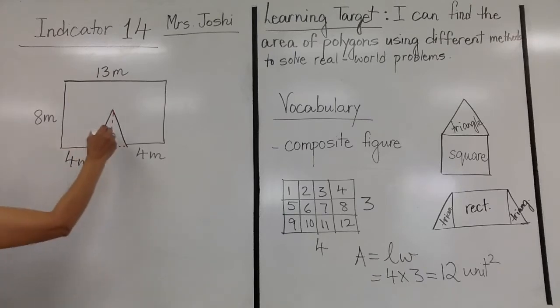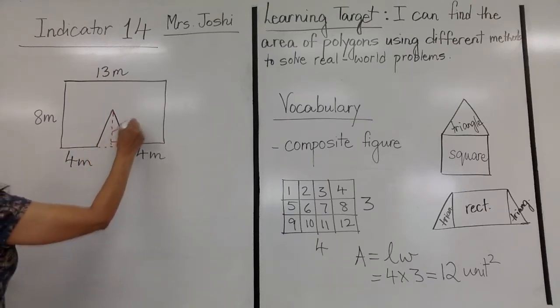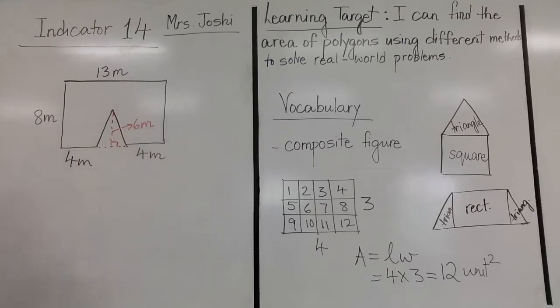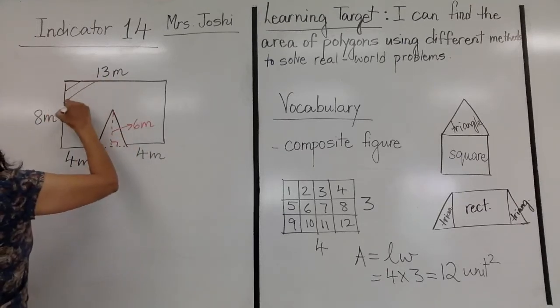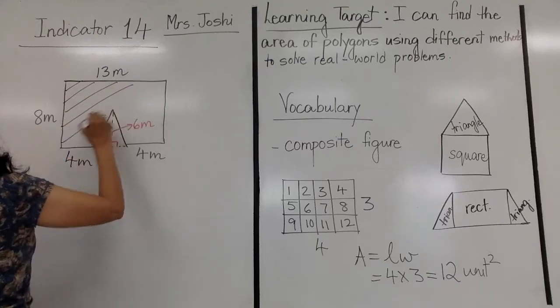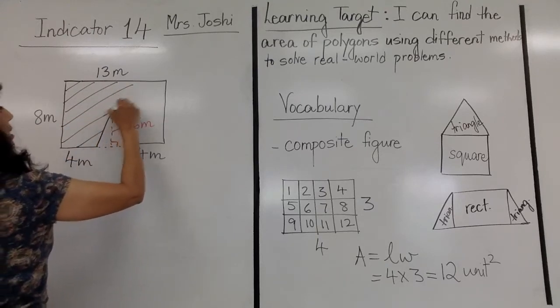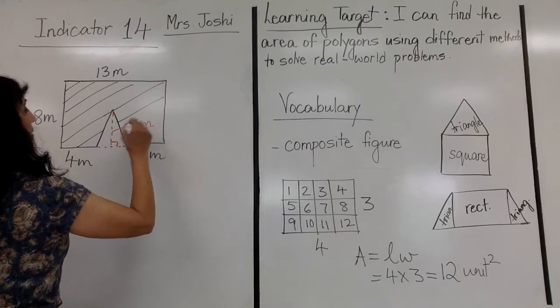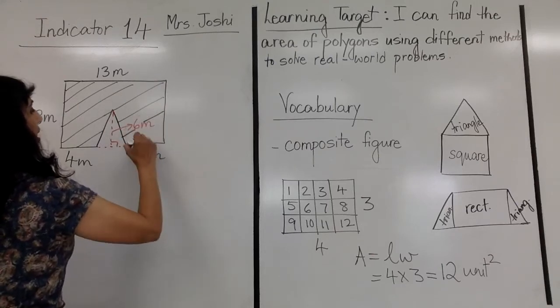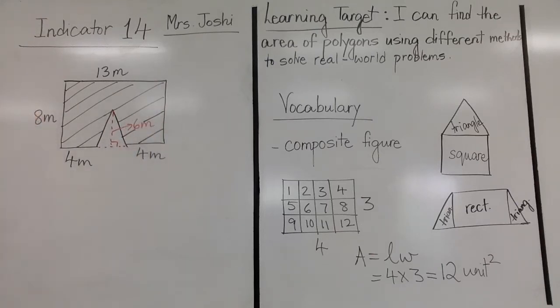And this height is 6 meters. Okay, so if I had this given to me and this shaded area represents my shape, and it's saying find the area of this, we can immediately see that the little triangle has been cut off from this shape.